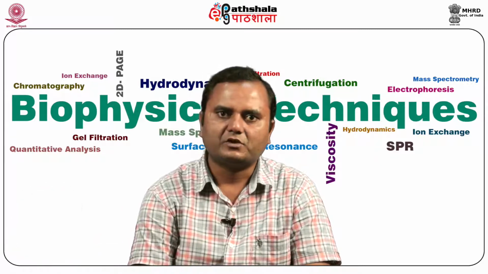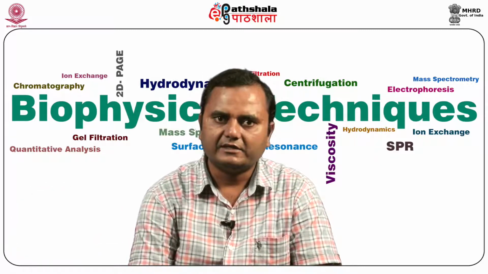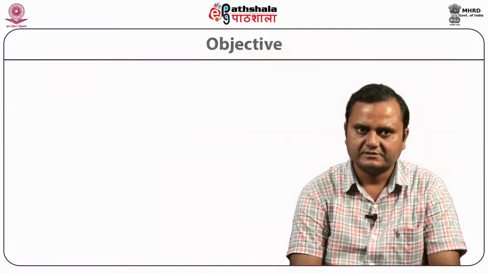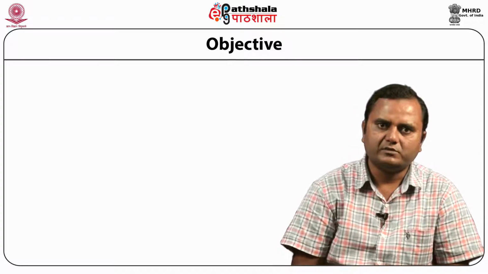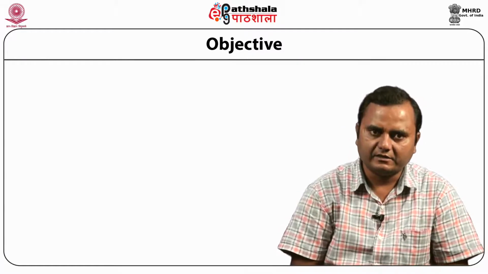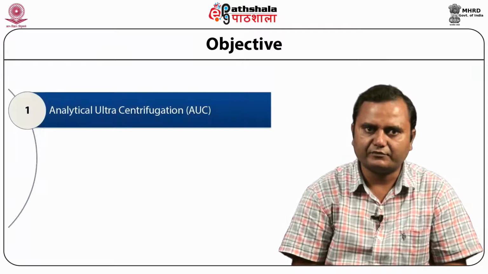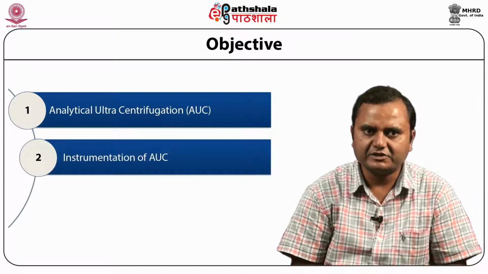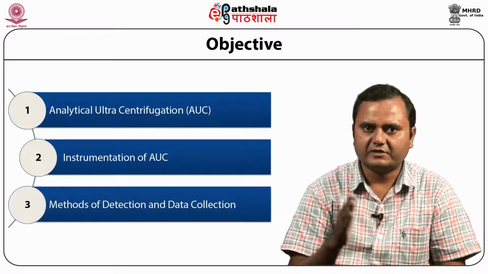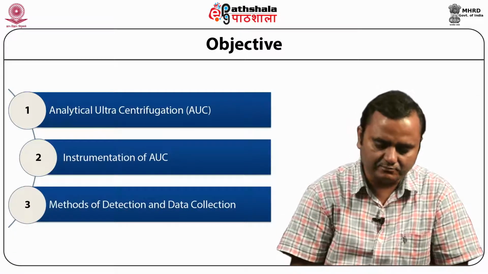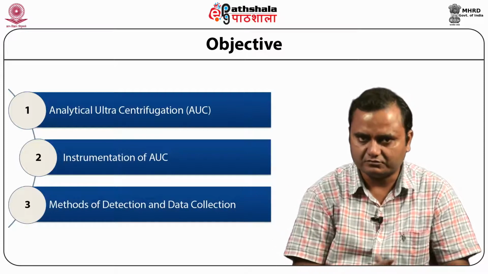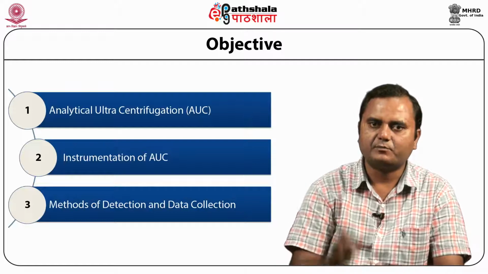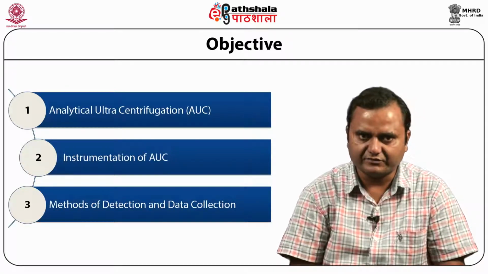Today I am going to talk about the module Analytical ultracentrifugation from the paper Centrifugation Techniques. The objective of this module is to provide details on analytical ultracentrifugation, then the instrumentation of the analytical ultracentrifugation, then the method for detection of the molecules, and of course how the data is collected and how the data are analyzed, because these are the important components of analytical ultracentrifugation.